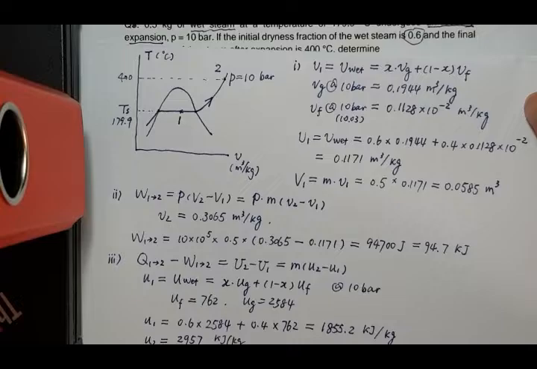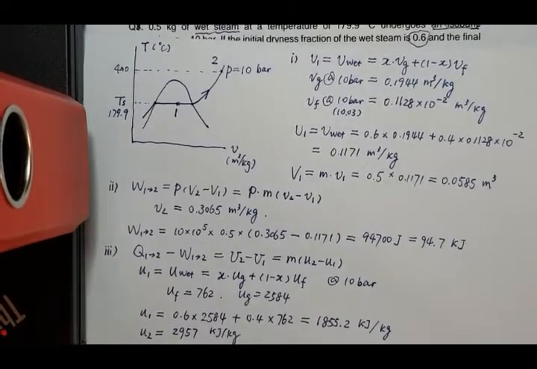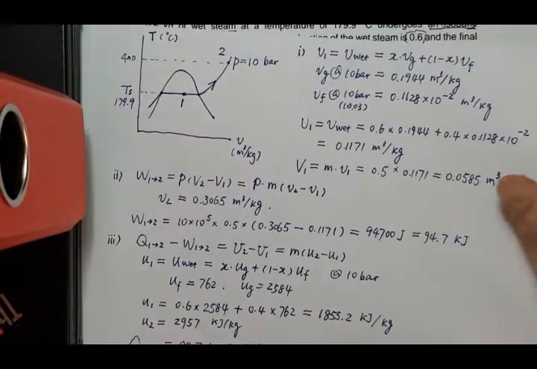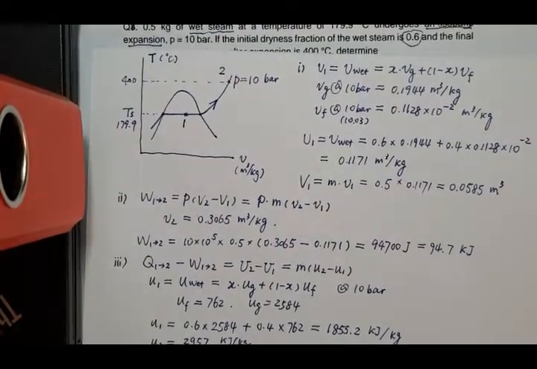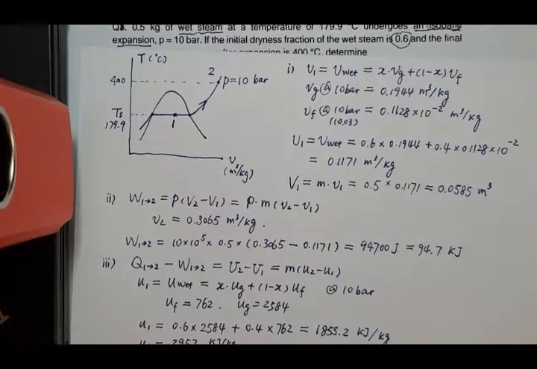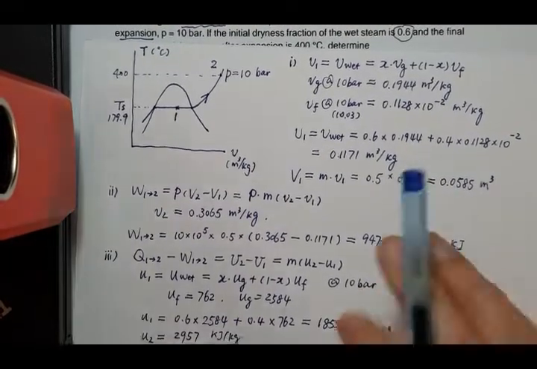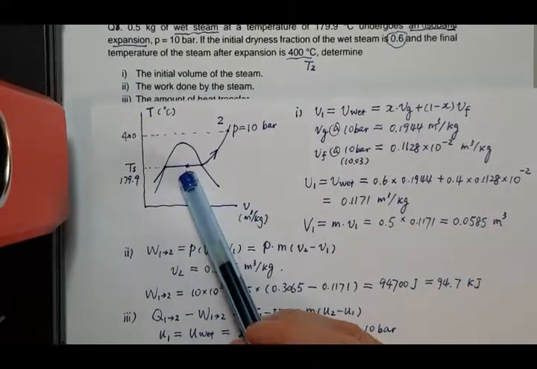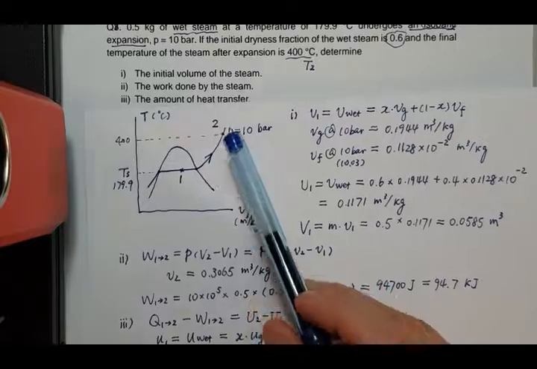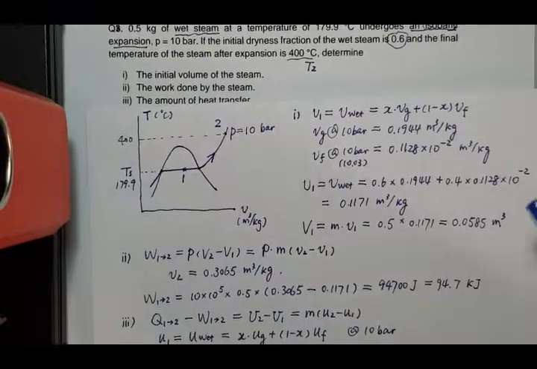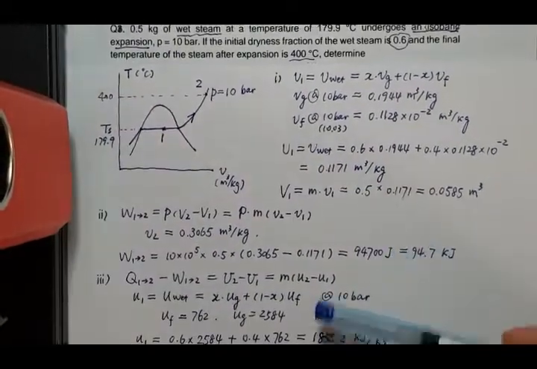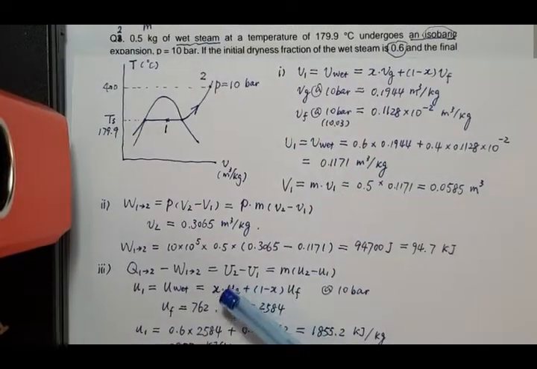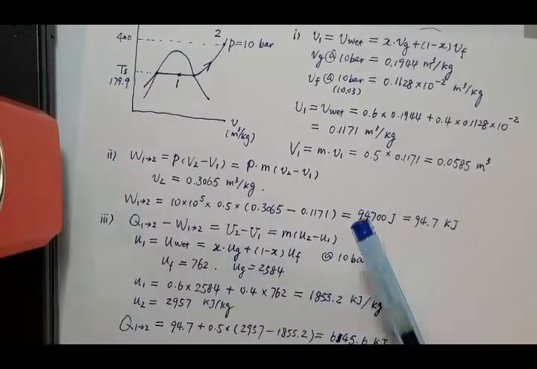Okay, so this question looks a little bit complicated. This is because we need to understand how to find all the properties of the water and steam depending on what state they are in. So we need to decide first of all if this is a wet vapor or a superheated vapor, and then we use different sections in the steam table to find the information about the specific volume and the internal energy.